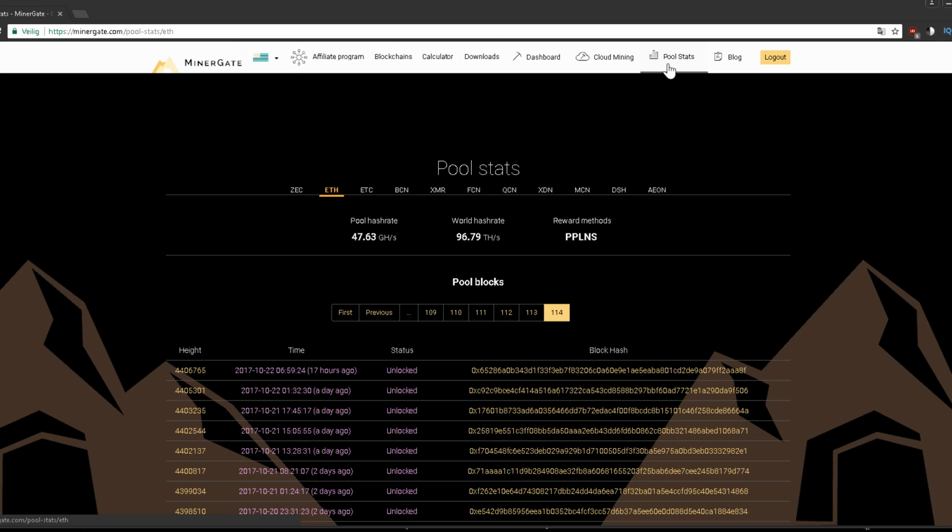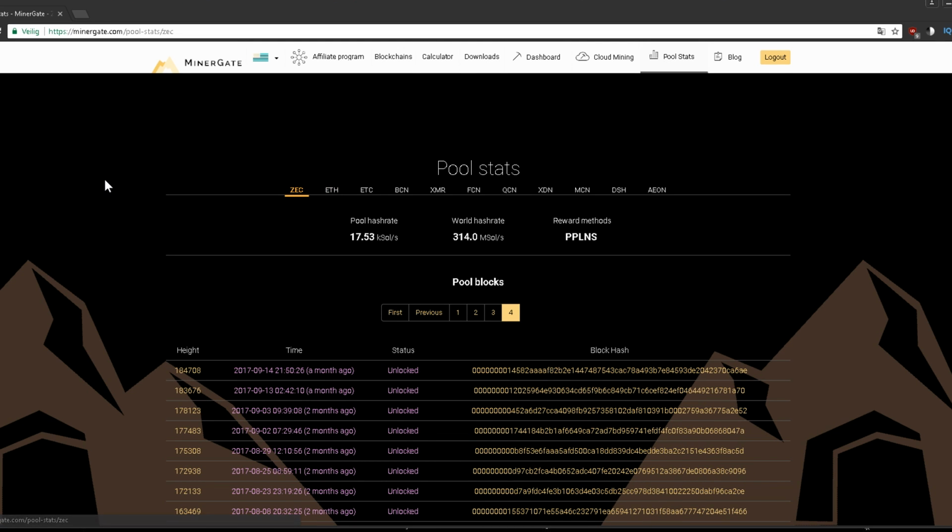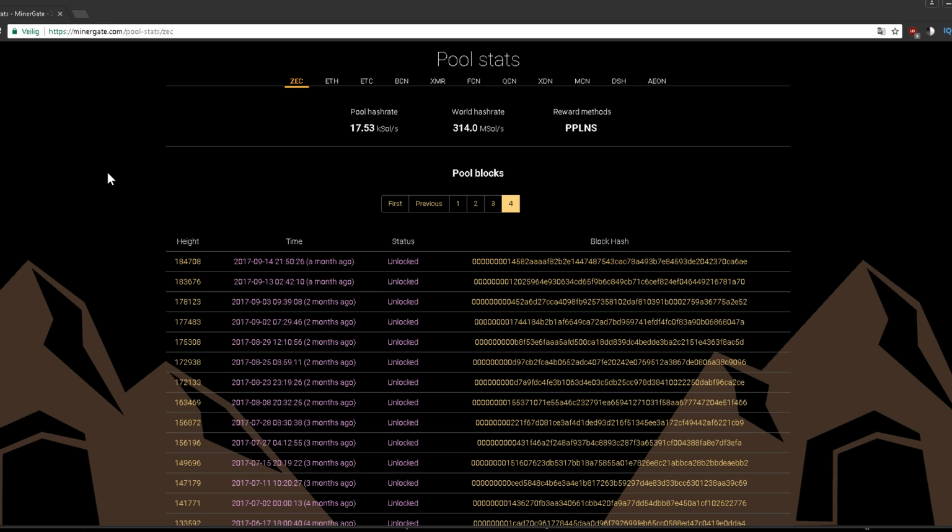Now if we click on pool stats and we go to Zcash or SEC, what do we see here? We see the reward methods that are available for this cryptocurrency. We see the world hash rate, and we see the pool hash rate. You can see that the pool hash rate is not bad, but it's just not enough for Zcash.